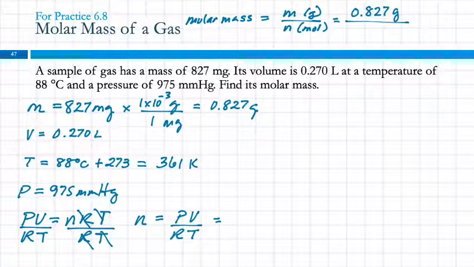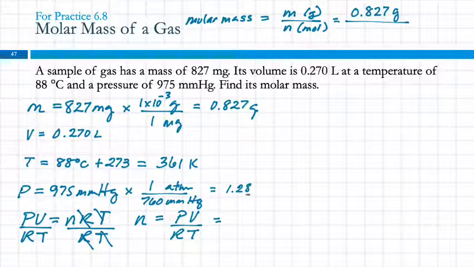And then the pressure needs to be converted to atmospheres. So 975 divided by 760. 1.2828 atmospheres.